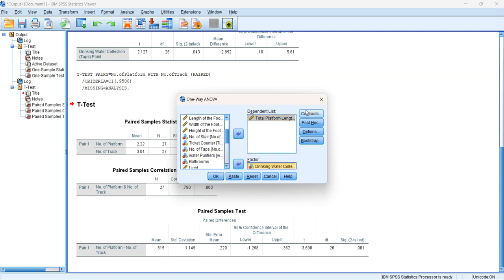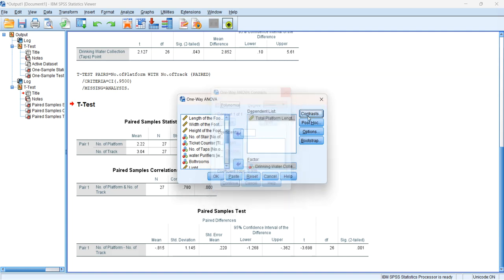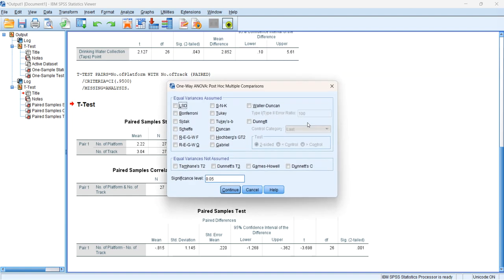Then you need to go into polynomial, or the coefficient value you can add over here, and then you need to check the post hoc test. I usually prefer Tukey because I can explain Tukey.